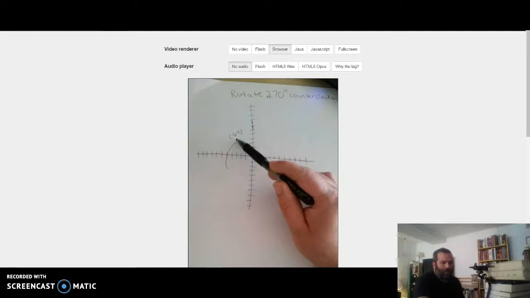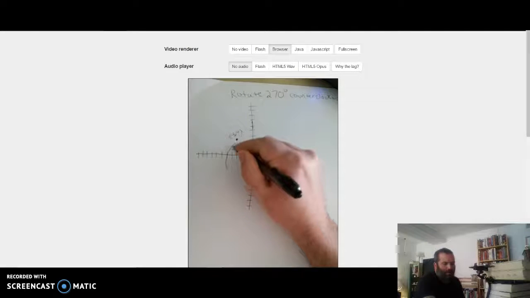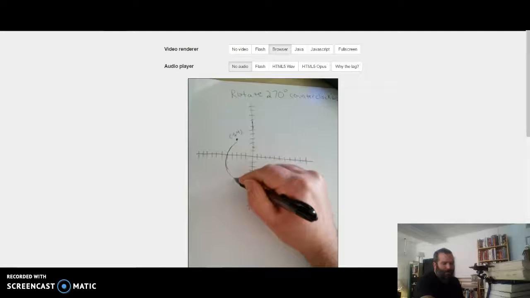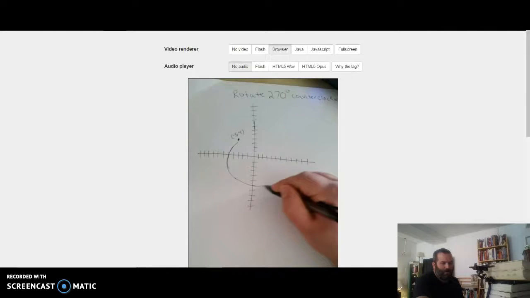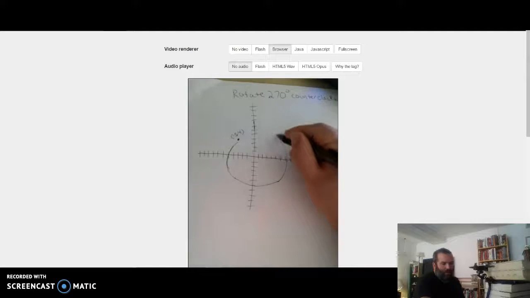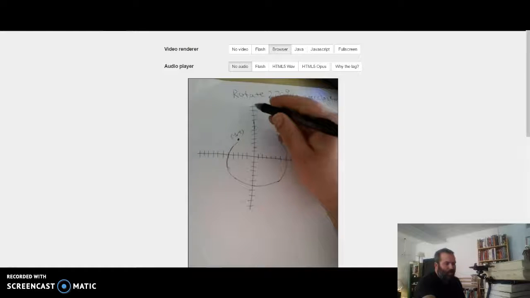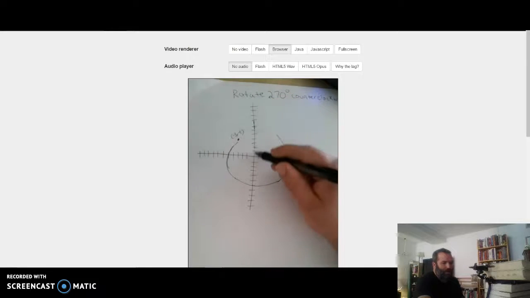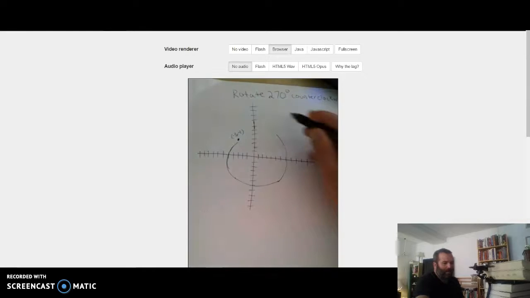So from here to here is 90 degrees. From here to here, that's another 90 degrees. So that's 180 degrees. And from that quadrant to this quadrant is a 270 degree rotation. So we know that when we rotate the point 270 degrees, it's going to be in this quadrant.